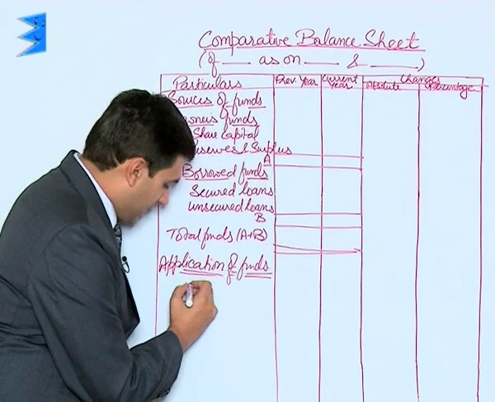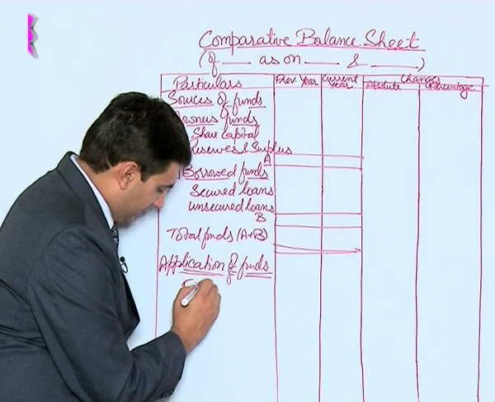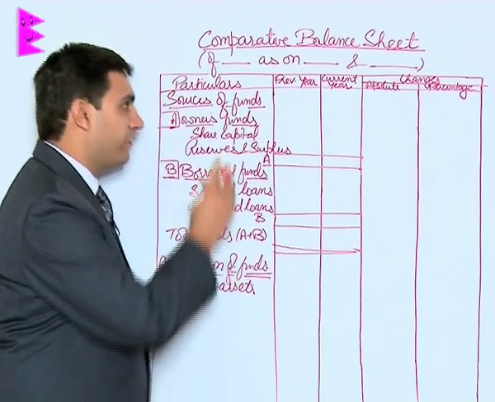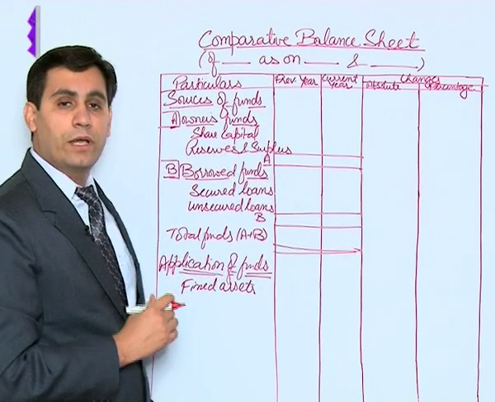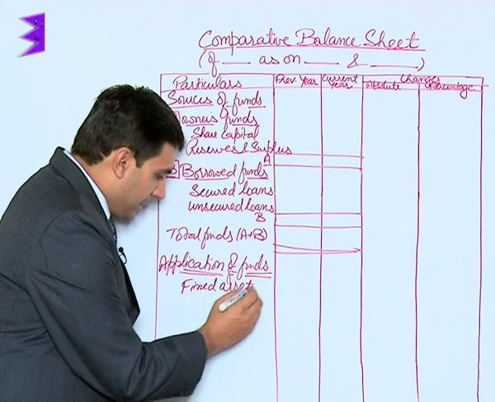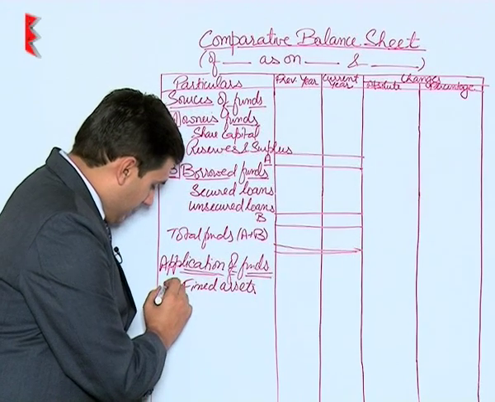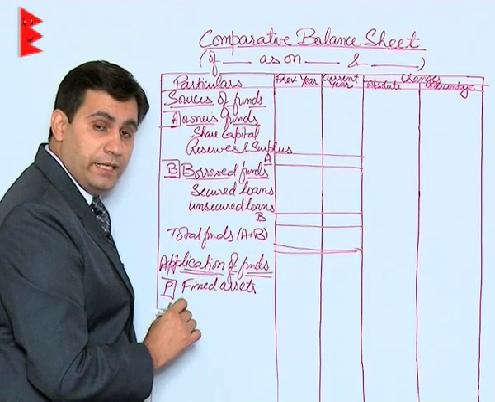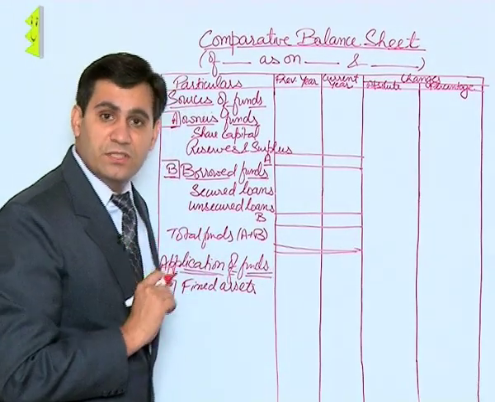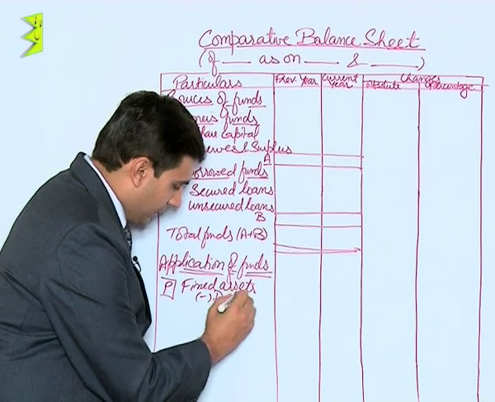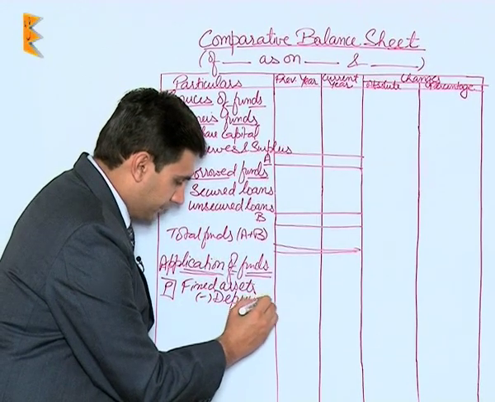The first in this case would be fixed assets. A major part of the funds that we have collected goes into accumulating the fixed assets. Let us name it as P. Remember, in case any depreciation or accumulated depreciation is given to you, subtract depreciation from here, minus depreciation.